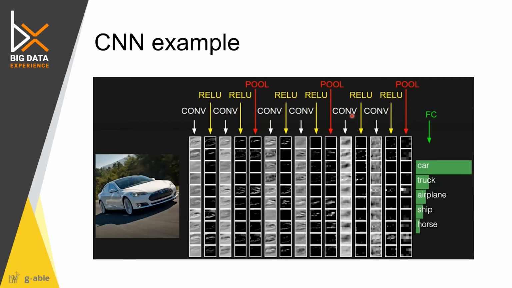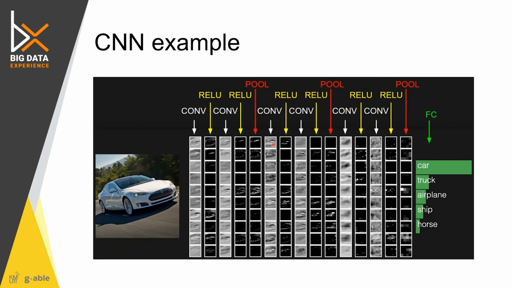For example, if you want to create a classifier that could classify the image into the type of the image, like this is a car, then the CNN can be designed this way: you have the convolutional layer, the activation function after it, say ReLU, then perform convolution again, passing through ReLU to create nonlinear processing. And then you perform pooling to reduce the image dimension, the processing dimension.